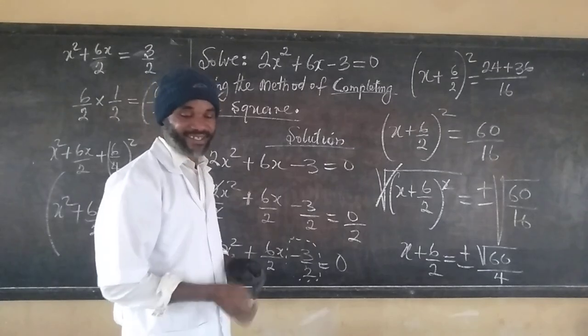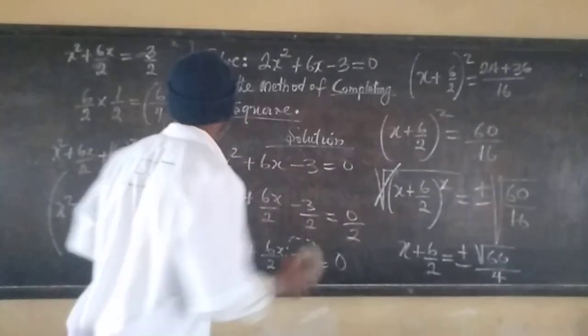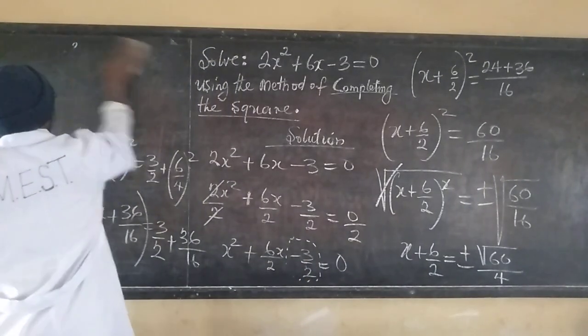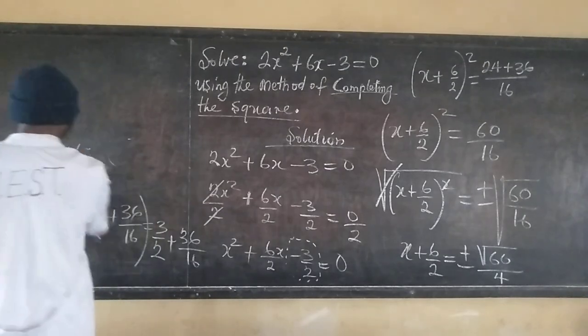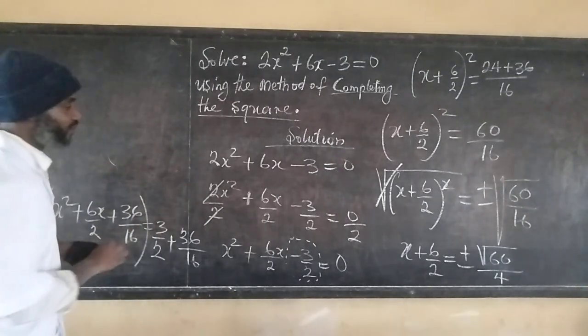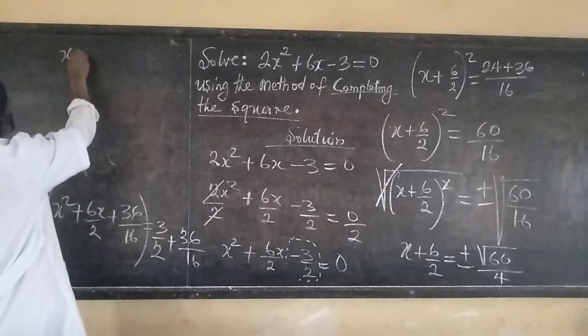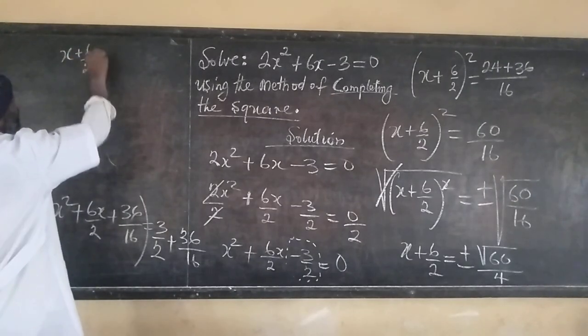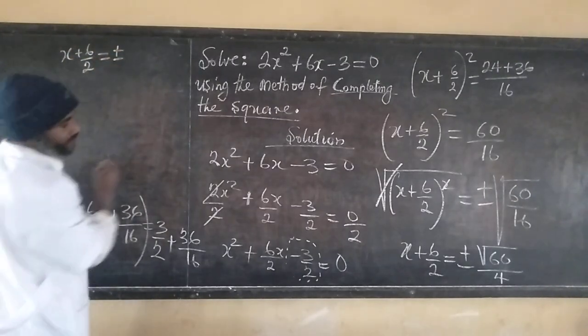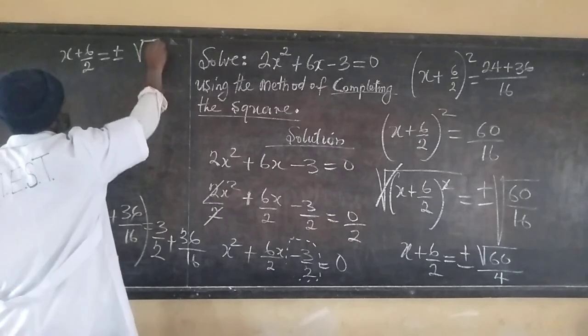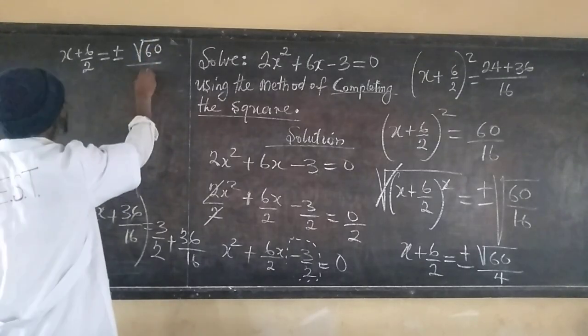We move further from there, and we have x plus 6 over 2 equals plus or minus square root 60 over 4.